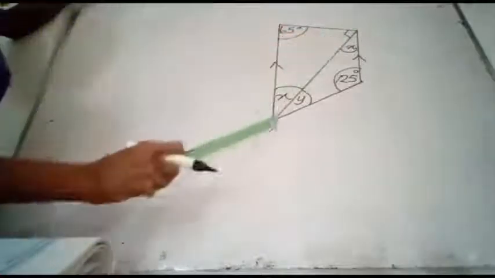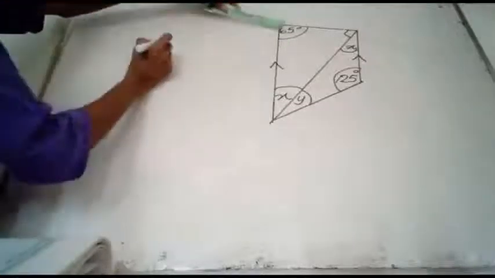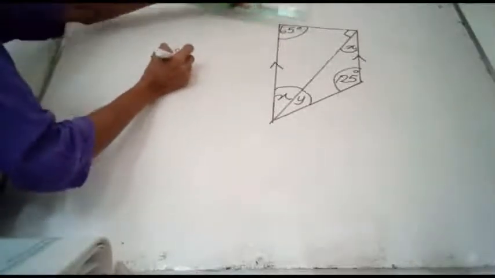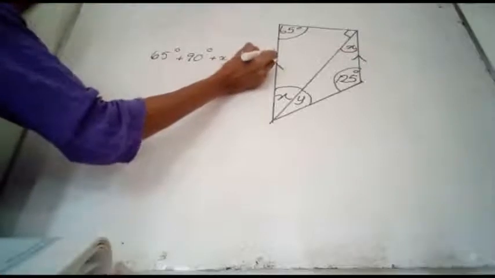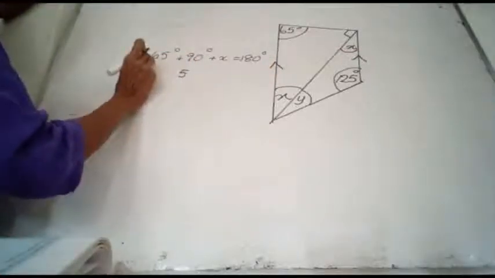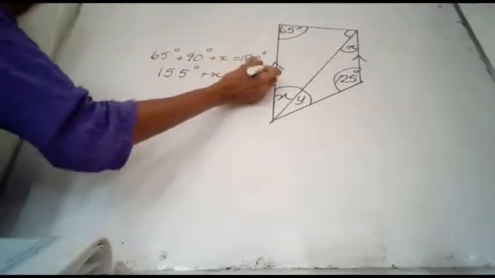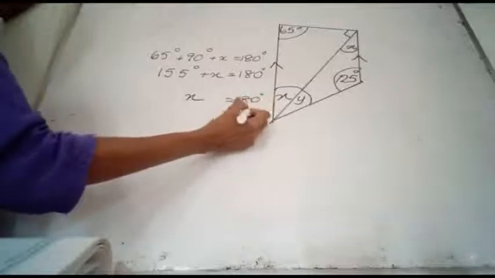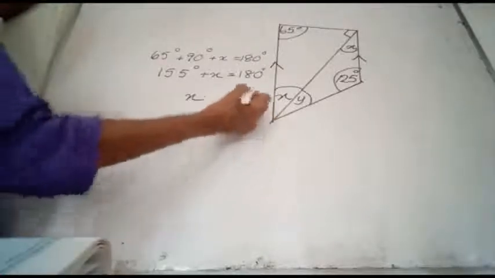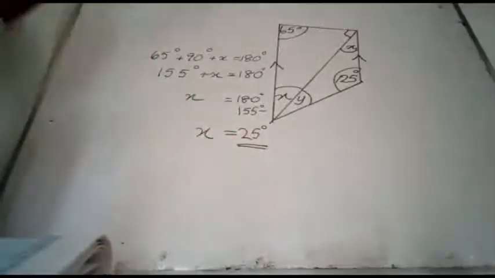The sum of the three interior angles of a triangle is 180 degrees. 65 plus 90 degrees plus x is equal to 180. 5 plus 0, 5. 6 plus 9, 15. 155 plus x is equal to 180. x is equal to 180 subtract 155, equal to 25 degrees. x is 25 degrees.